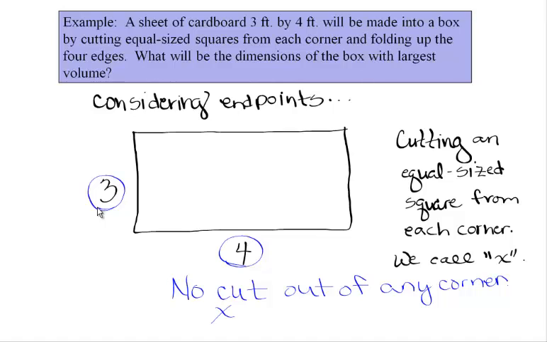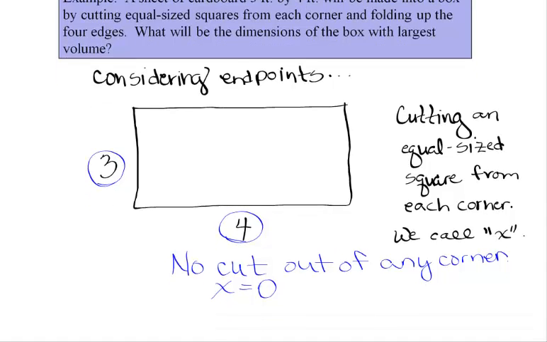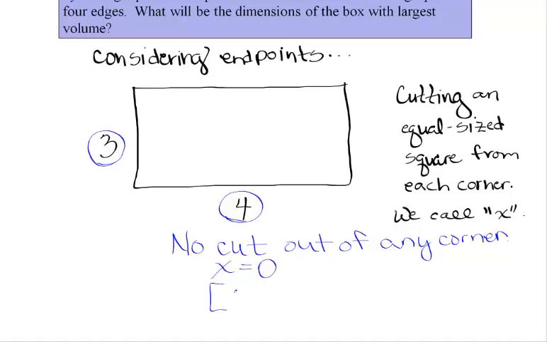It is a possibility that we don't make a cut. Here's the issue with that. If I include that as my left endpoint, I actually don't have volume.